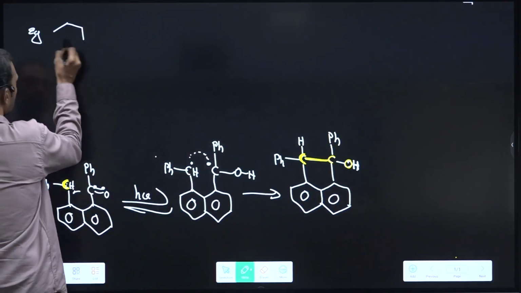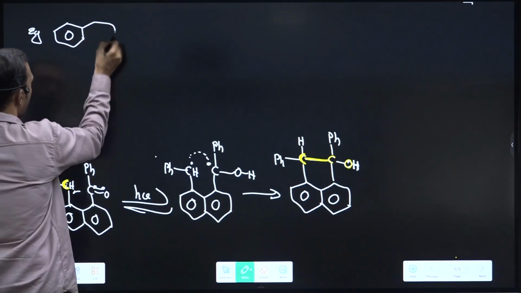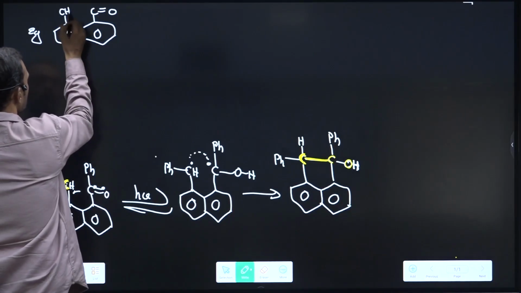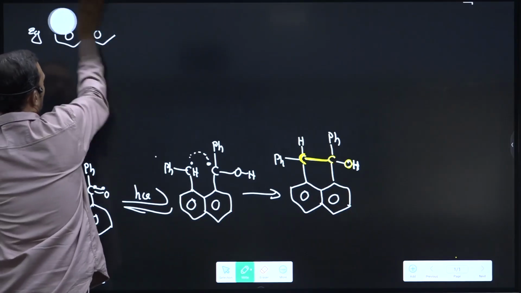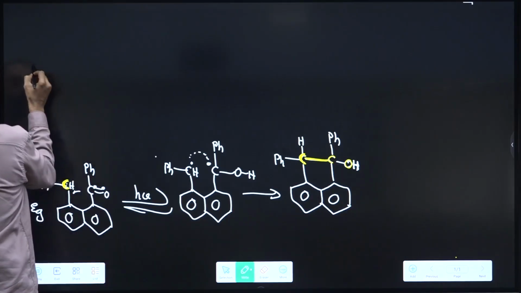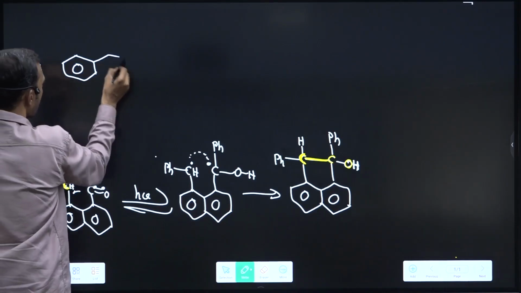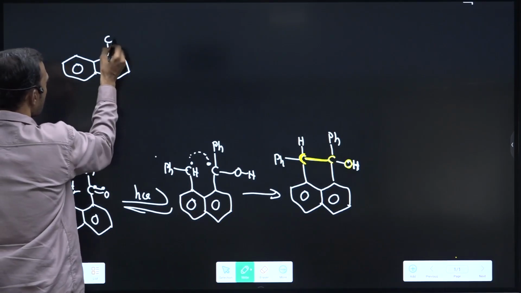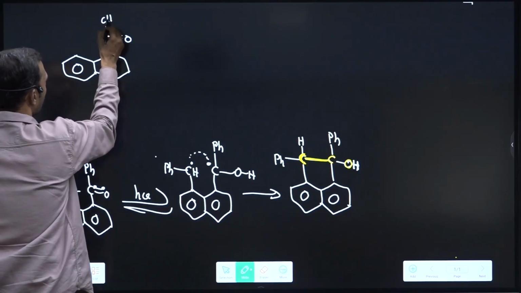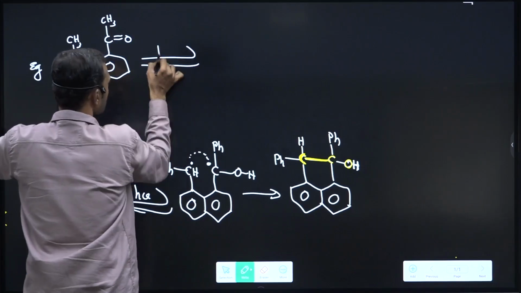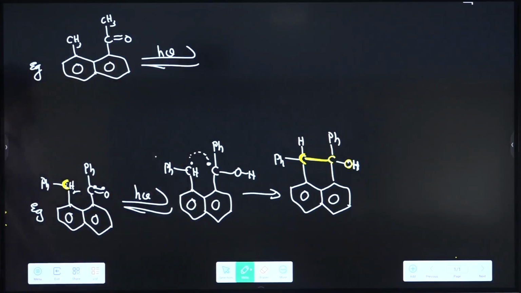So give the answer for this. C double bond O CH3. Now if you understand clearly, you will give the answer.